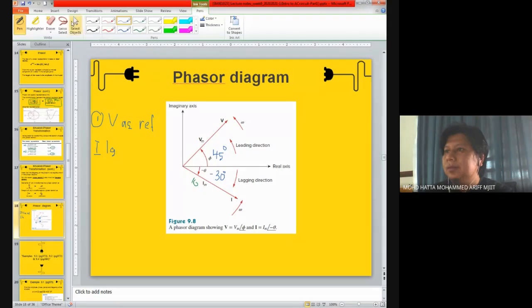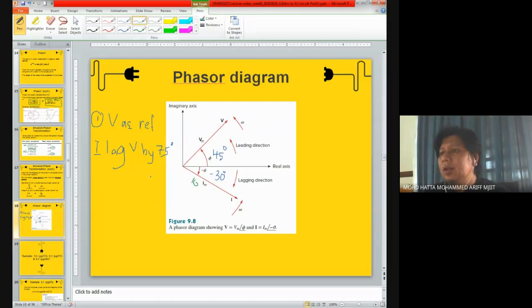I lag V by 30 plus 45, by 75 degrees. This is how I write the relationship between voltage and current as we see over here.